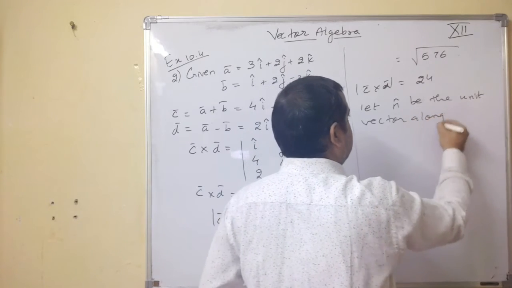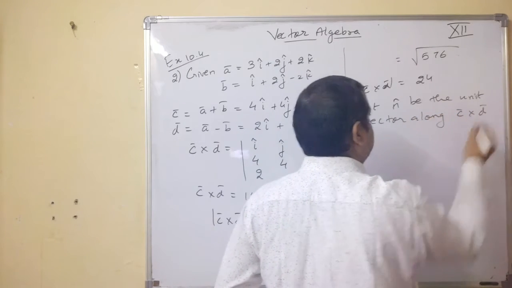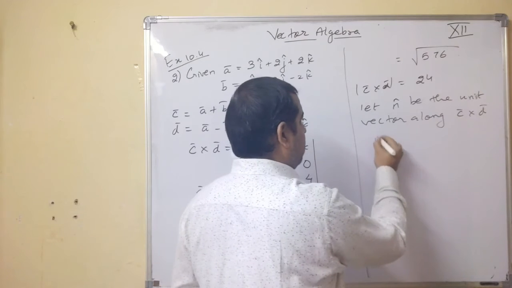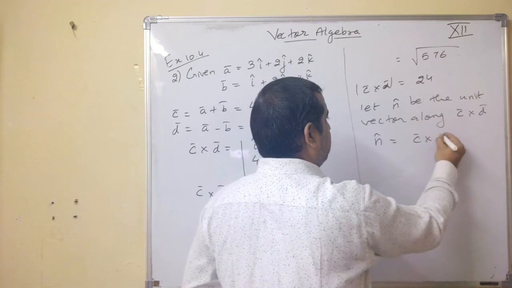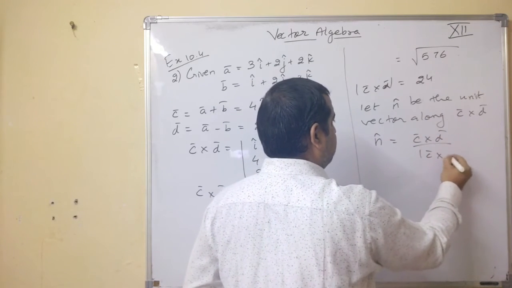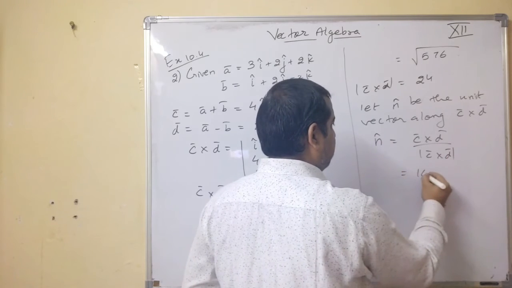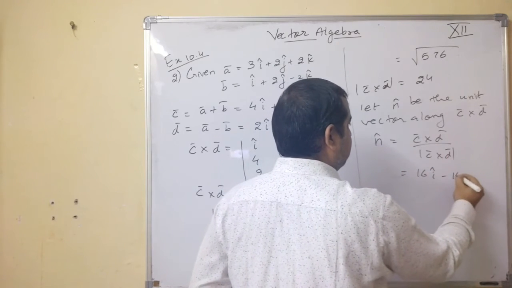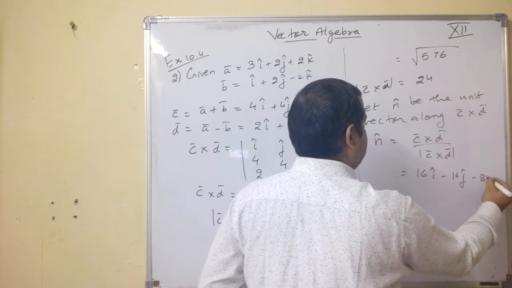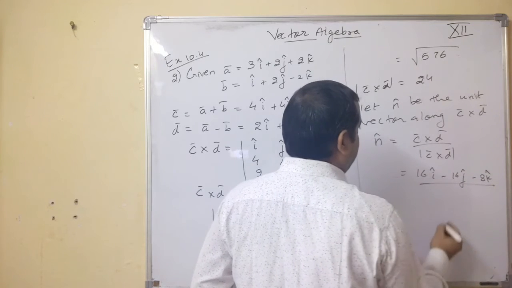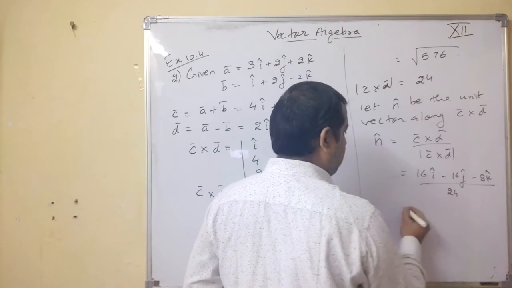Let n cap be the unit vector along C cross D. This gives you n cap equal to C cross D upon mod of C cross D. This gives you 16i minus 16j minus 8k upon 24.